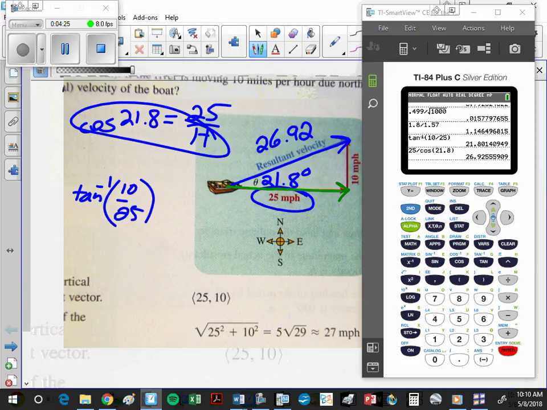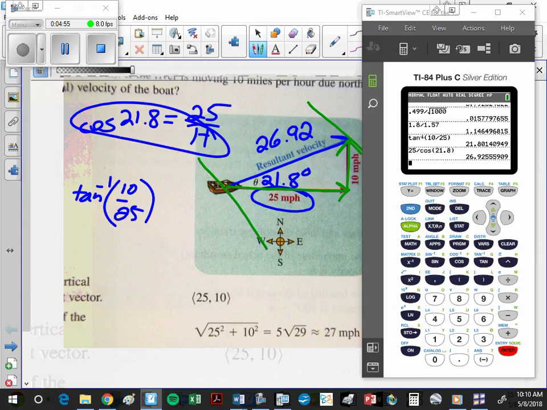But the current is also moving the boat. And in that same hour, the current is going to move the boat 10 miles in that direction. Which means in an hour, the boat will travel from here to here, which is a distance of 26.92 miles. And that is the distance traveled in 1 hour, which is the magnitude of that vector.